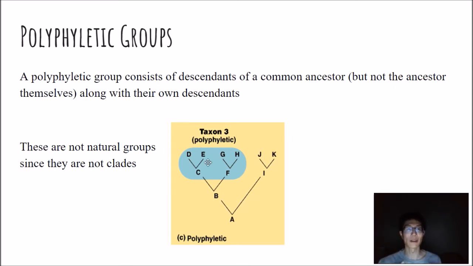One of the easiest ways to separate it is if you can see the descendants being chosen, but the common ancestor being excluded. So we're including the descendants, but we're excluding the common ancestor. No common ancestor, that should start shouting polyphyletic group to you. And again, these are not really natural groups in the wild because they're not really clades.